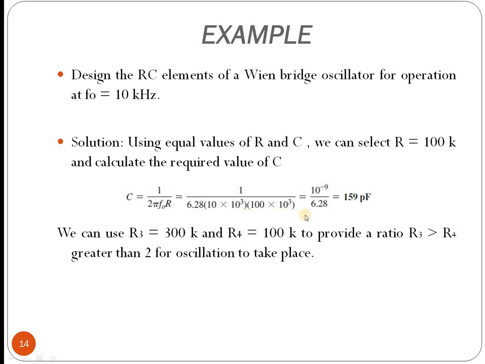From this we calculate that the capacitor is 159 picofarad. After fixing this, we use R3 as 300k and R4 as 100k, so that the ratio R3 over R4 is greater than 2, which is needed for oscillation to take place.